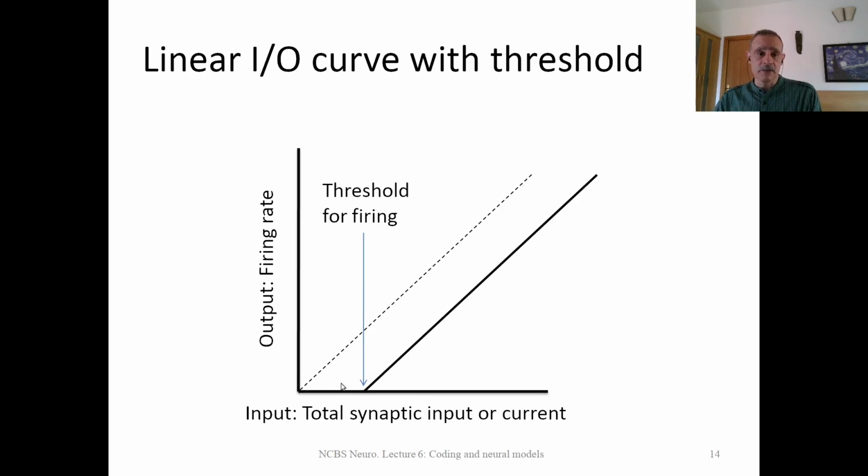So this is the first elaboration. That is, there should be some kind of a threshold for firing. Now, it turns out that some neurons can actually fire spontaneously. So you could argue that they have a negative threshold for firing. We'll get to that much later. Typically, let's say that a neuron needs some kind of threshold activity before it starts firing, and that already shifts your curve to some degree.